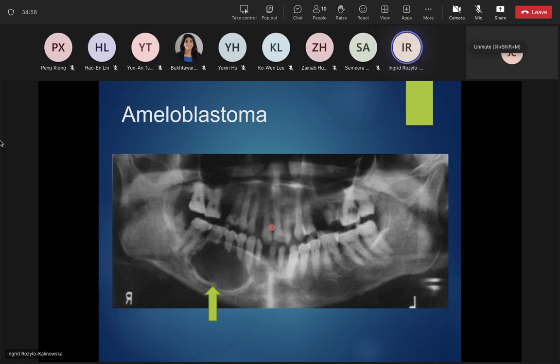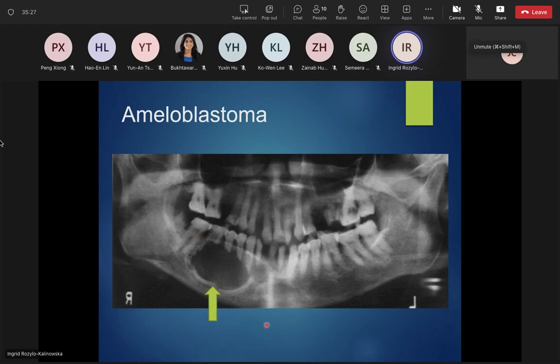And this is also ameloblastoma, which was confirmed by histopathology, but in fact it's a unilocular radiolucency in the right mandibular body. And what you can see in this radiograph, apart from the tumor itself, is resorption of the roots.